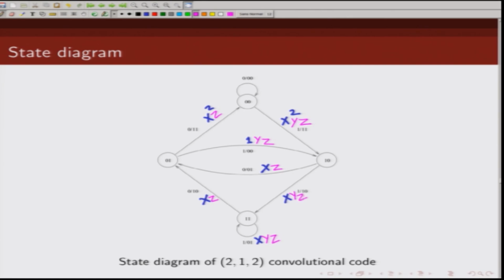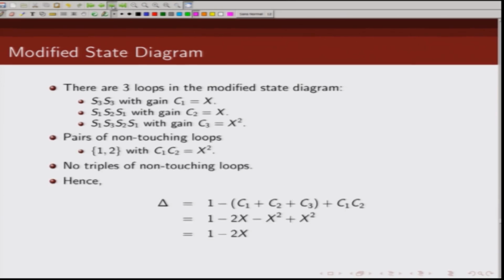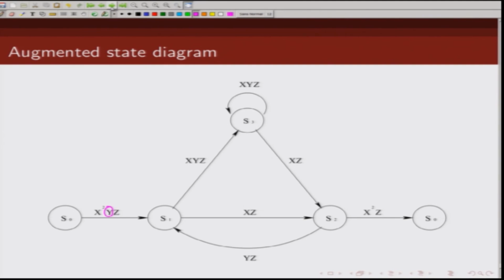Okay. So, that is your augmented state diagram, and the completed augmented state diagram is what I am showing you here. This is basically my augmented state diagram, where I am not only specifying the coded weight, but I am also specifying what input causes that output bit and z to denote the length.